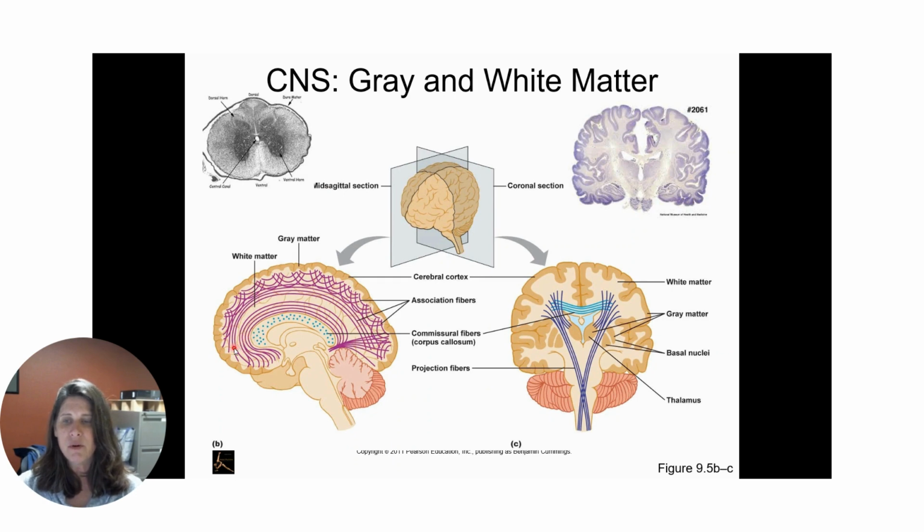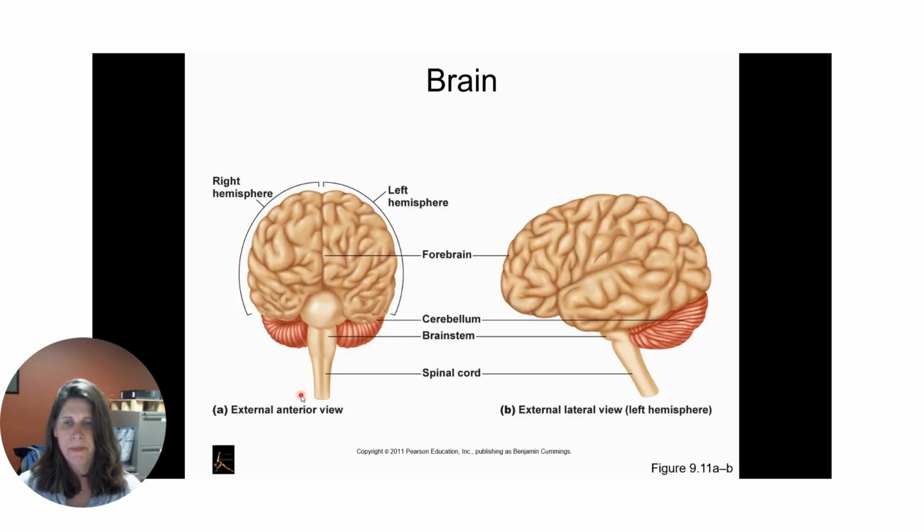It could be going from the frontal lobe to the occipital lobe or vice versa. Laterally, it goes from the left side to the right side. And through the white matter, it goes from the edges of the cerebrum down through the brainstem and down the spinal cord. So these are all different ways that neurons are connected to one another.